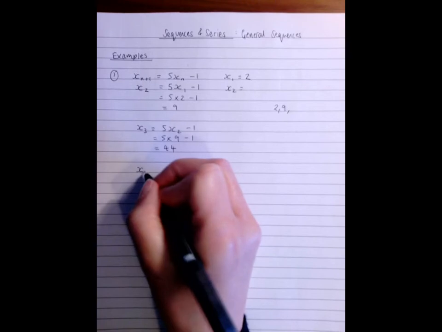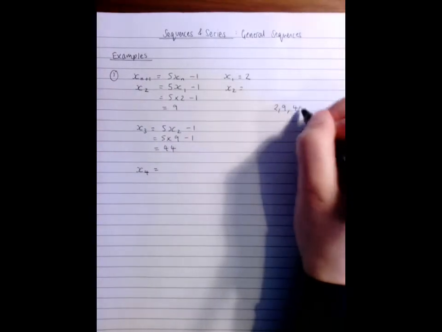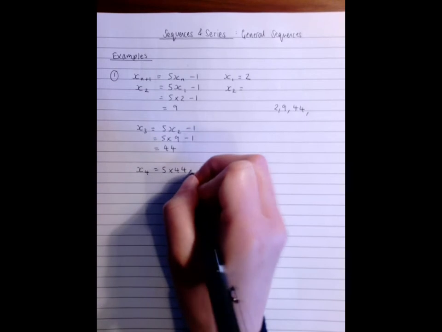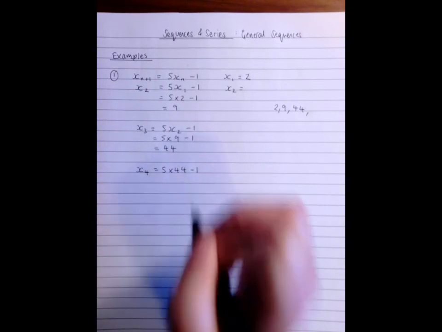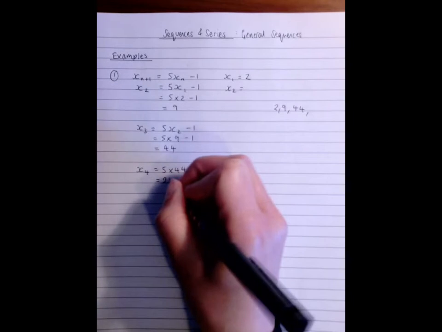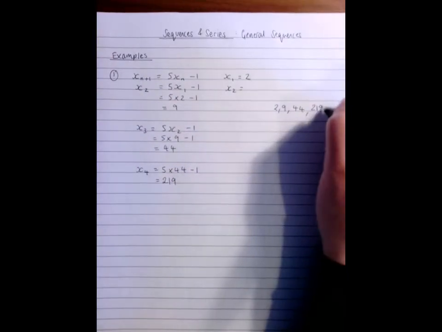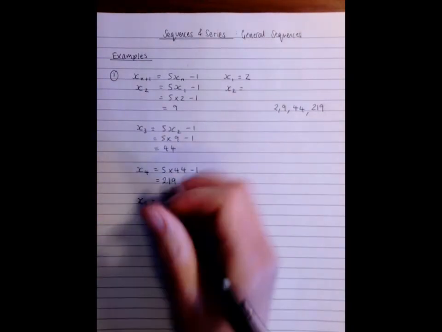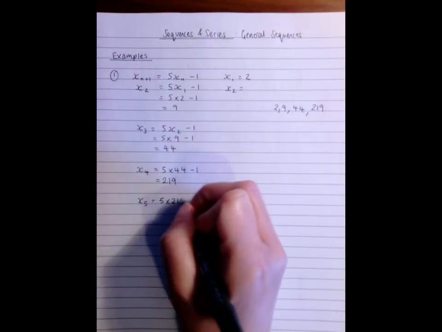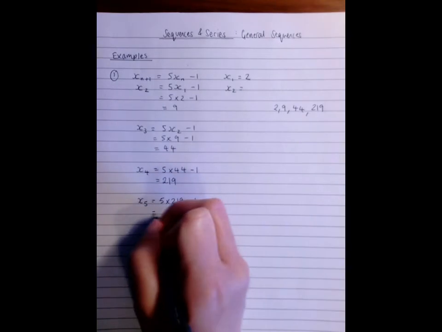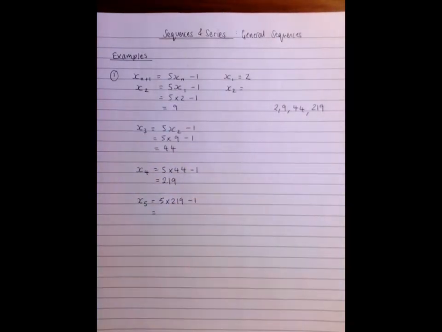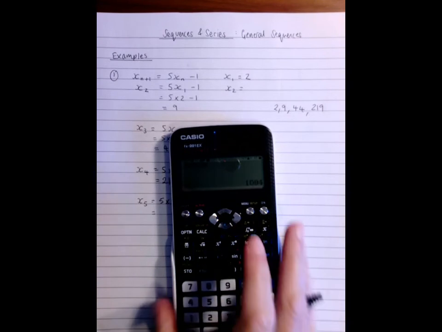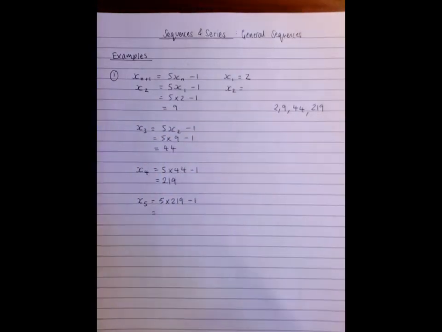Then for the fourth term, we would do 5 times 44, take away 1, which would be 219. And then we'll just do one more, since for each of these we'll do the first 5 terms. 5 times 219, take away 1. Just use the calculator for that one. So 1094.